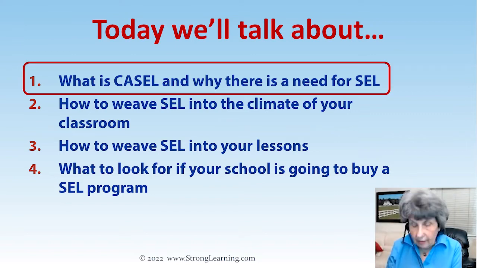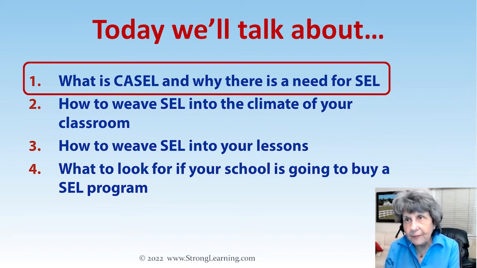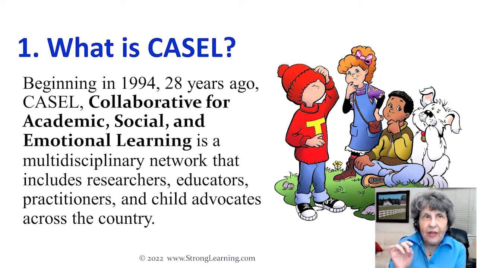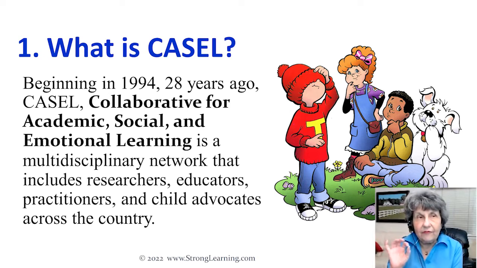Let's begin with what is CASEL and why is there a need for SEL? Beginning in 1994, 28 years ago, CASEL, the Collaborative for Academic, Social, and Emotional Learning, is a multidisciplinary network that includes researchers, educators, practitioners, and child advocates across the country.